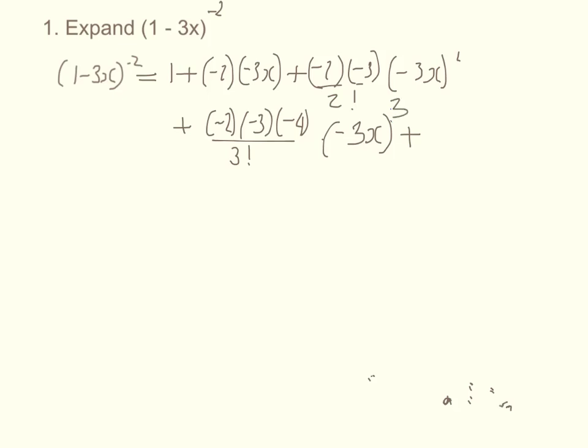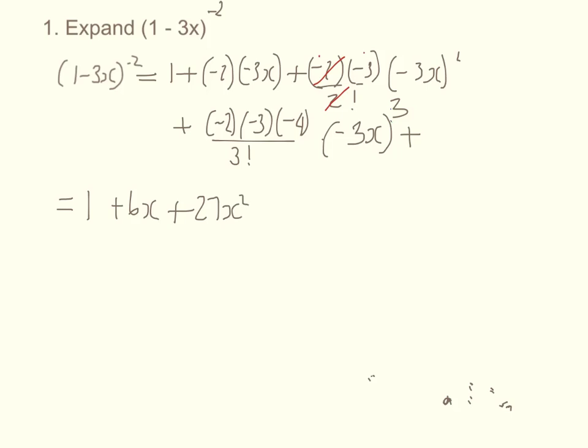Okay, right, so we have 1 plus 6x. Okay, next term, the 2 cancels with the 2 factorial. I've got 2 minuses in here and 2 more minuses there, so it still becomes a plus. I've got a 3 on the top there, and two threes in the brackets, so that's 27 lots of x squared.